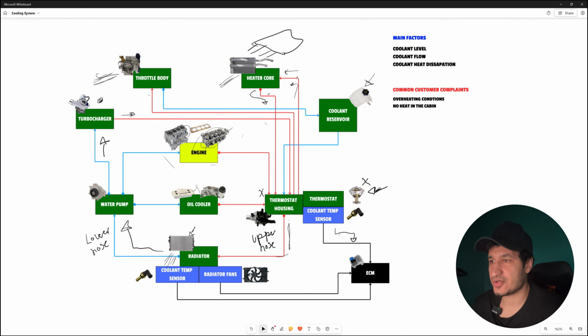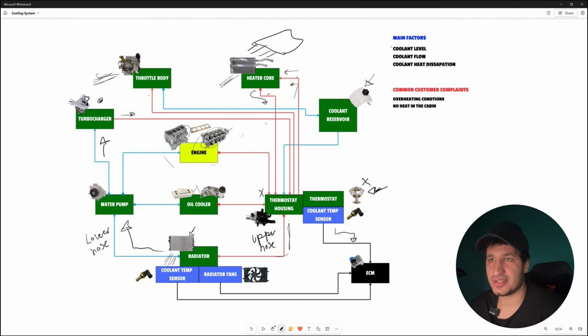Depending on the car make and model, they'll have different setups. Some car manufacturers will run coolant hoses wherever they please, to various components, but this is the main idea of the cold coolant going in and the hot coolant coming out.